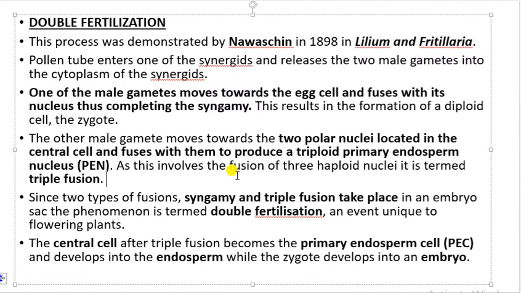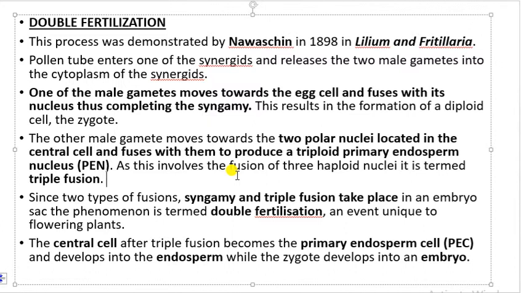It is triploid in nature because there were already two polar nuclei present, and one nucleus came from the male gamete. All the three nuclei fused together. As a result, it is known as the triploid primary endosperm nucleus. Here, it involves fusion of three haploid nuclei, that is, two polar nuclei and one nucleus from the male gamete. That's why this is known as triple fusion.